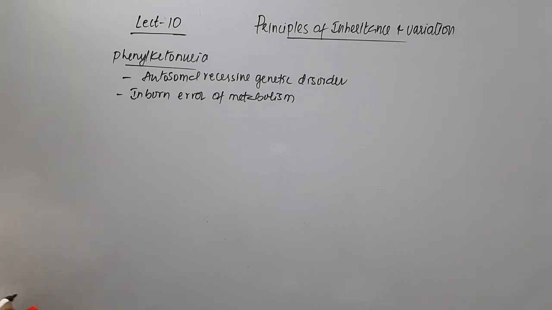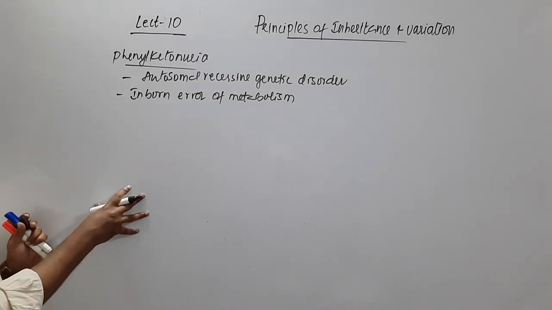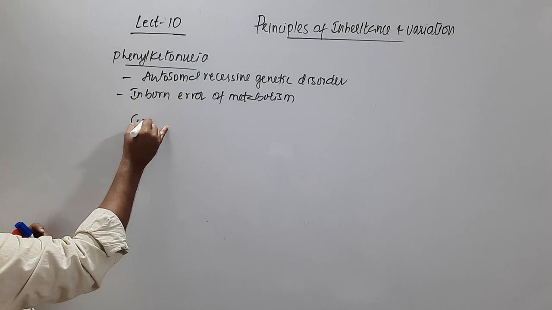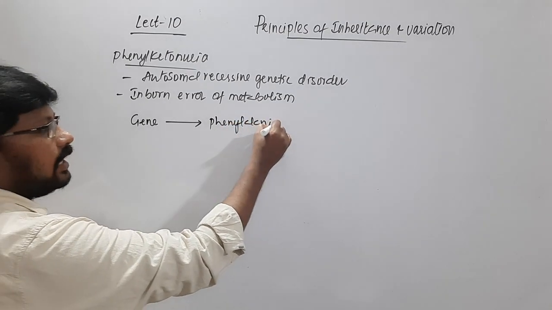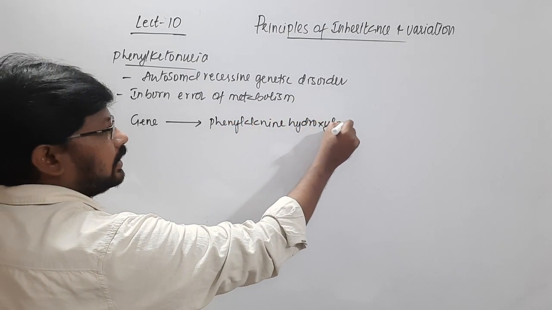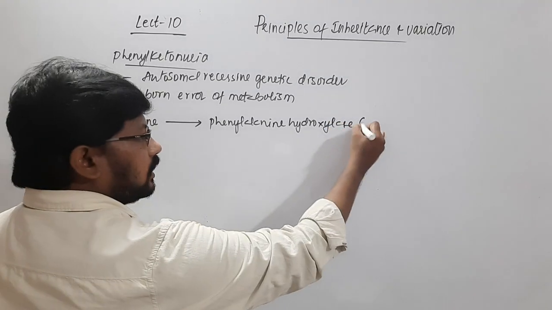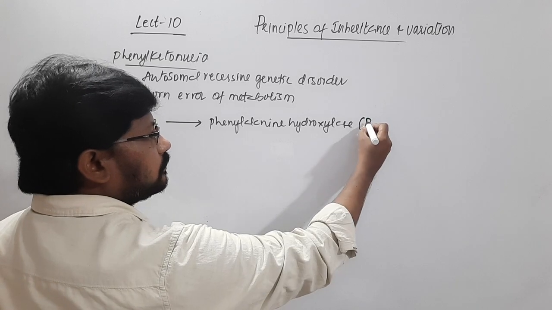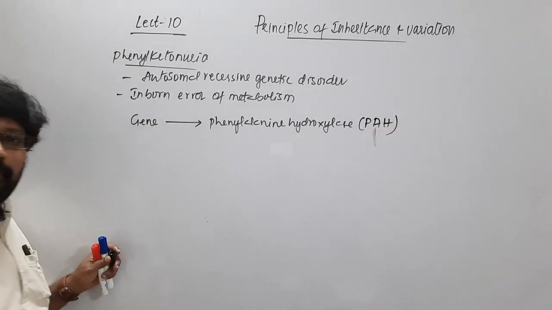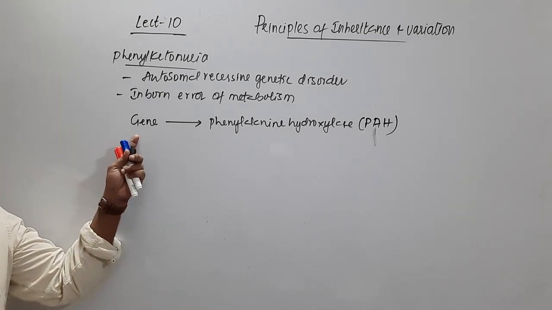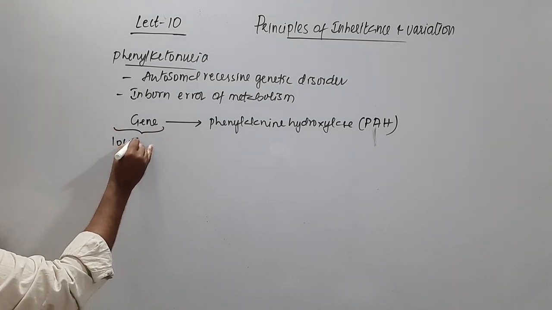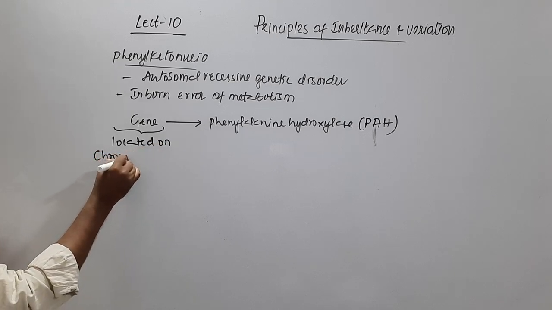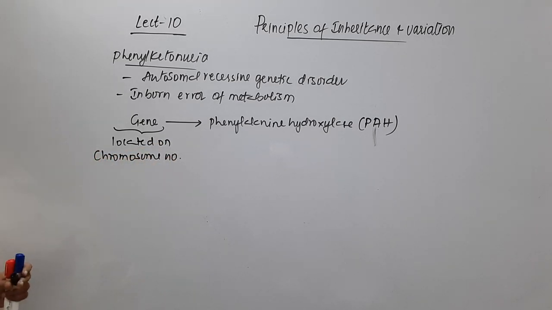Here the gene codes for an enzyme called phenylalanine hydroxylase, in short PAH. This enzyme is coded by a particular gene, which is located on chromosome number 12 in human beings.